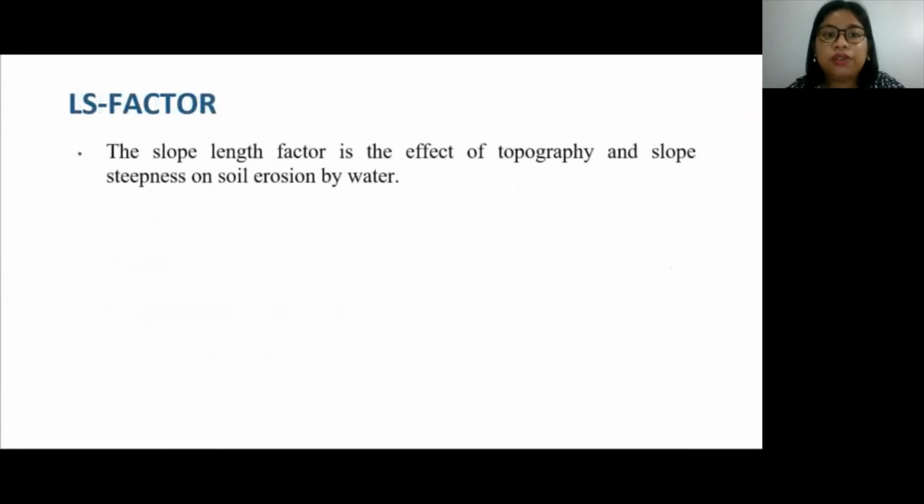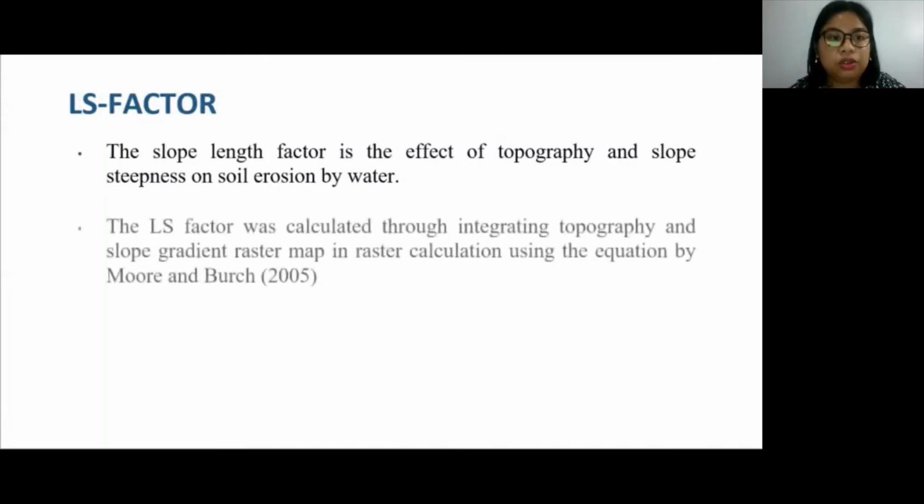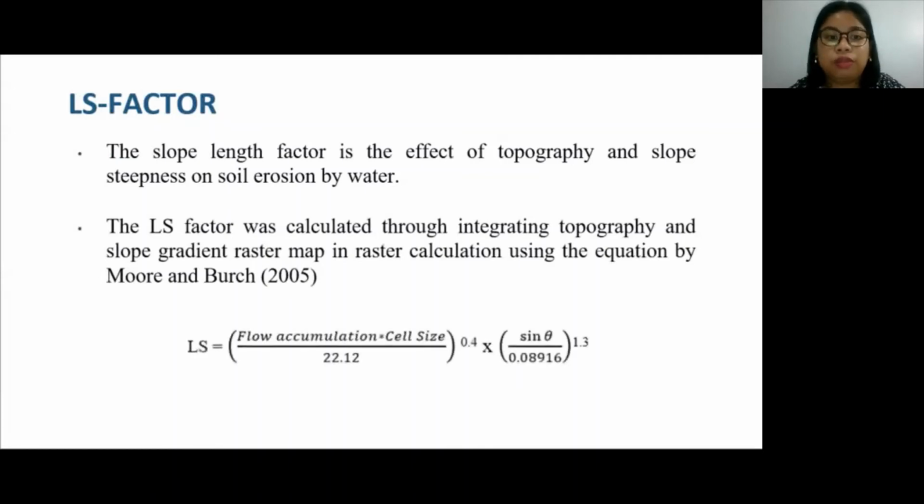The slope length factor is the effect of topography and slope steepness on soil erosion by water. It is a vital parameter in soil erosion estimation because it shows runoff relationships with increasing slope length and gradient. It was calculated by integrating the topographic map and slope gradient raster map in raster calculation using this formula.